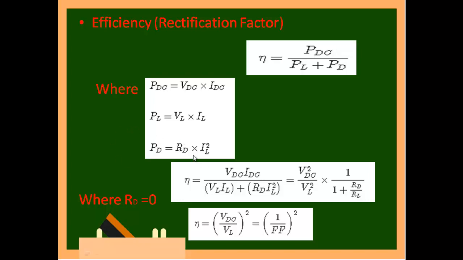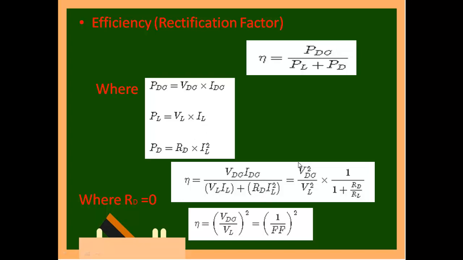Similarly, this is playing the role. So this multiplied by I square will tell about that power loss. So remaining is from your source. So efficiency can be rewritten as, I am substituting here VDC into IDC. Similarly VL IL, similarly RD I square.